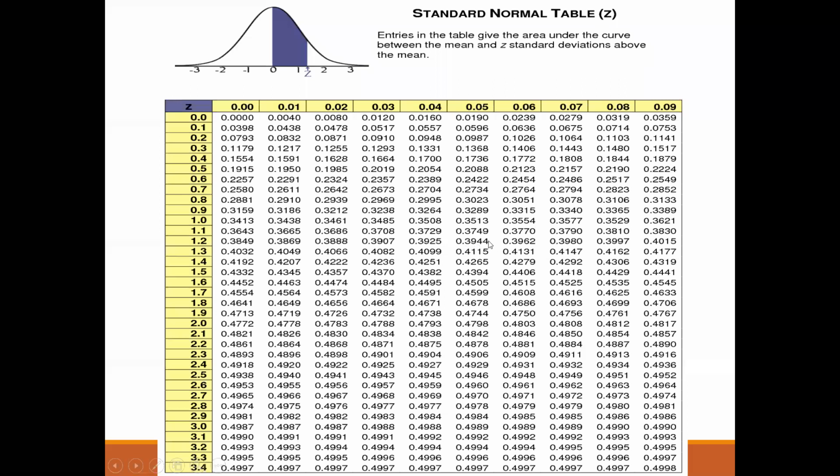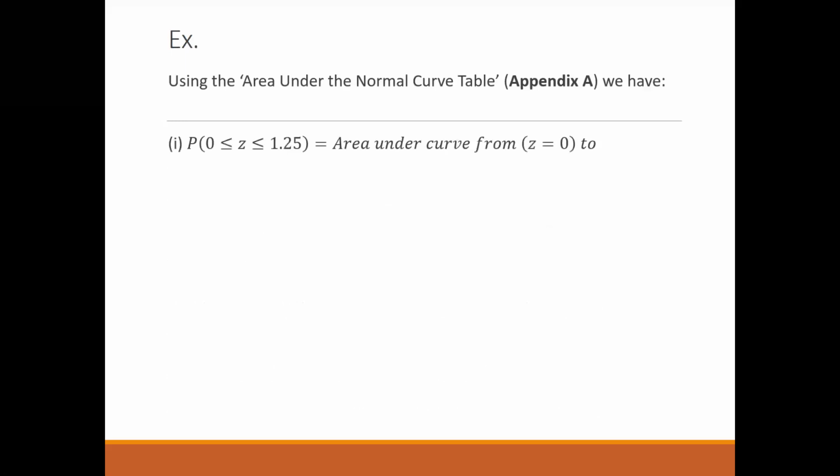So if I refer to this table, I immediately get the answer. 0.3944 is the probability for the values of Z lying between 0 and 1.25. Whenever we are solving such problems, we have to refer to the table. For the value of Z, you can see 1.25, the value is 0.3944. It is that simple. Refer to the table, get the answer and write it down.